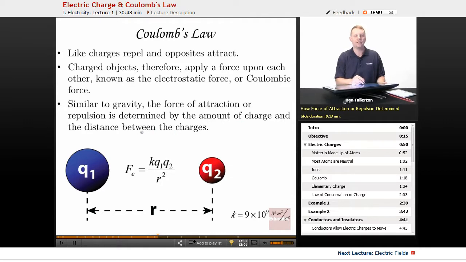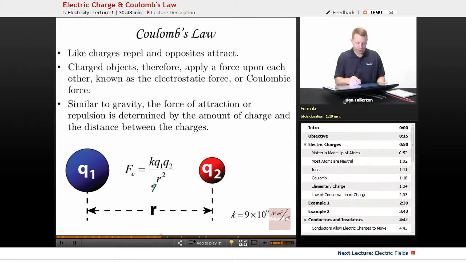And it's actually another inverse square law. It goes as the inverse square of the distance between the centers of those charges. So if we have charge 1, Q1 over here, Q2 over here, the magnitude of the force between them can be found by taking some constant, some fudge factor, K, times the first charge in coulombs, times the second charge in coulombs, divided by the square of the distance between their centers.